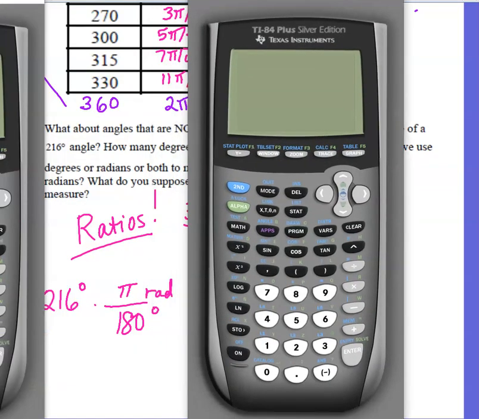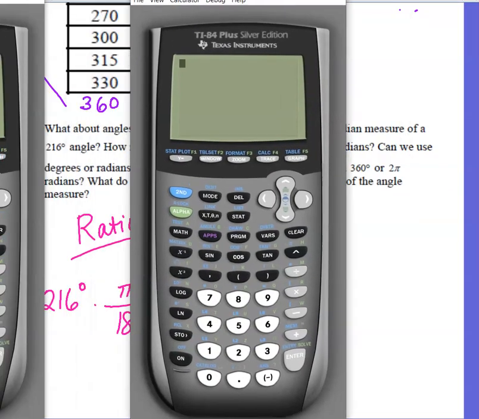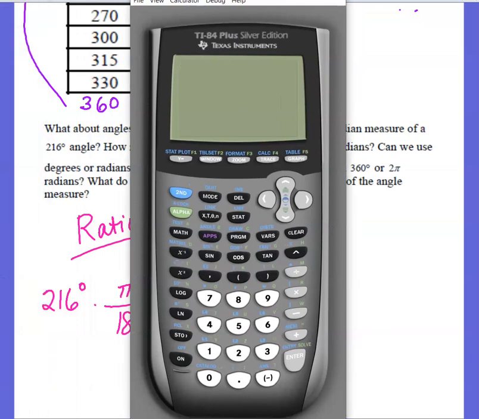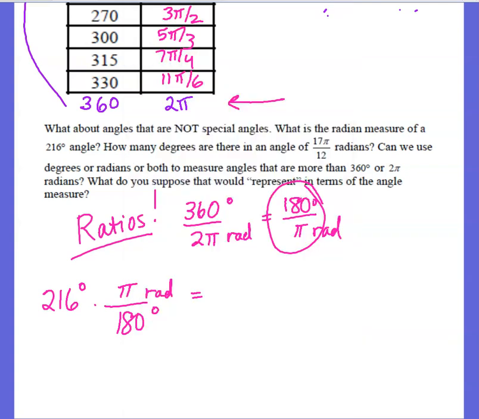I'm putting in 216, the division symbol, then 180, and hitting enter. When I get that decimal, I can go to the math button, and that first choice is to fraction, which changes it to a fraction in lowest terms. So if you didn't know that, now you do. Okay, so it's 6/5. So I have 6 pi over 5. There I am in radians. Cool, so there's a quick conversion.